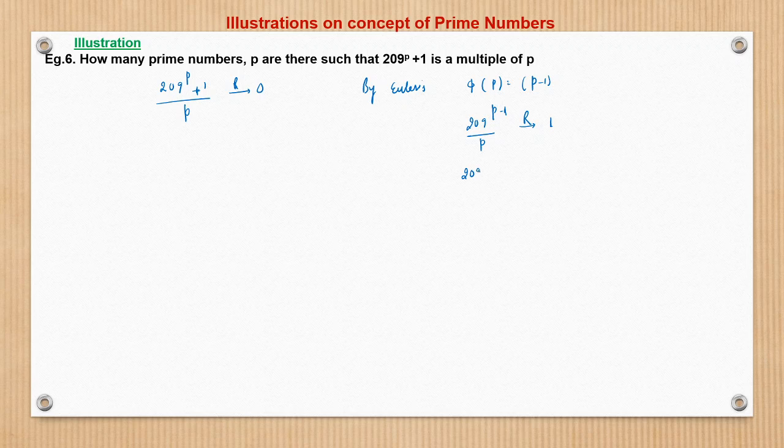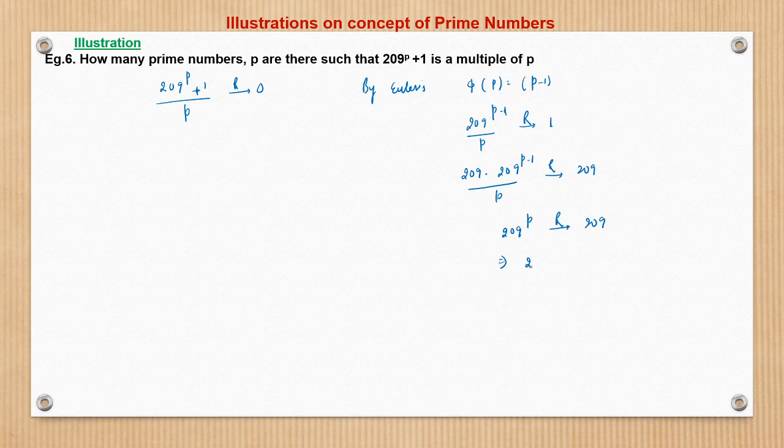Now we will multiply both sides by 209. The remainder is here 209, right? So basically we can write that 209 raised to power p gives a remainder of 209.